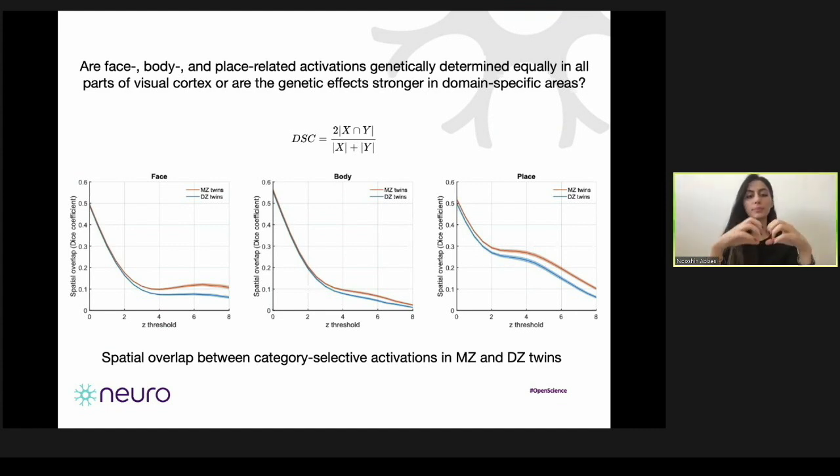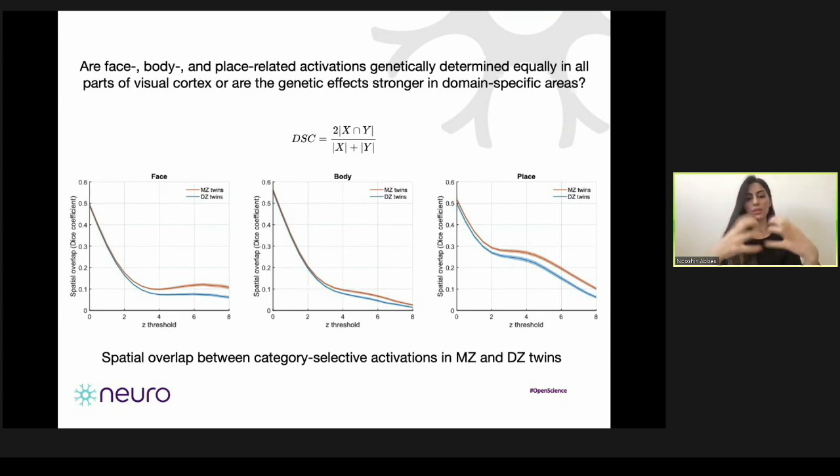We then plotted the mean spatial overlap of all pairs in MZ and DZ across the range of thresholds that we had. And the higher the threshold is, the more specific the regions are. So as you can see here, by increasing the thresholds, we see more separation between the MZ and DZ twins.